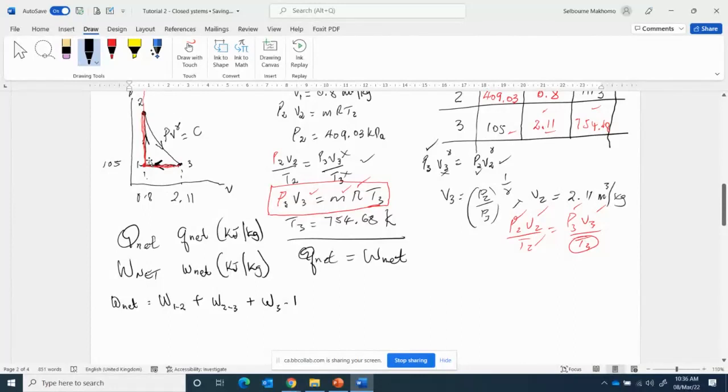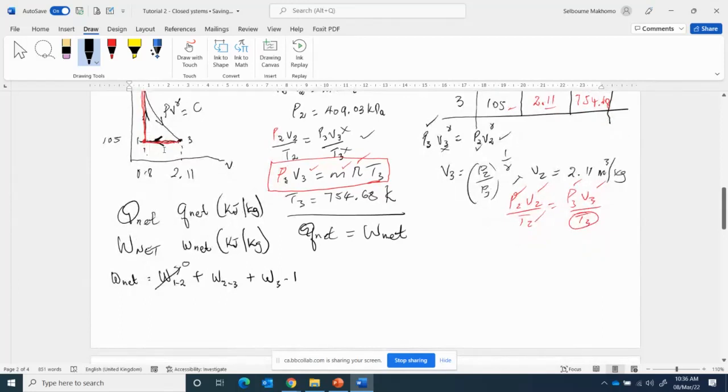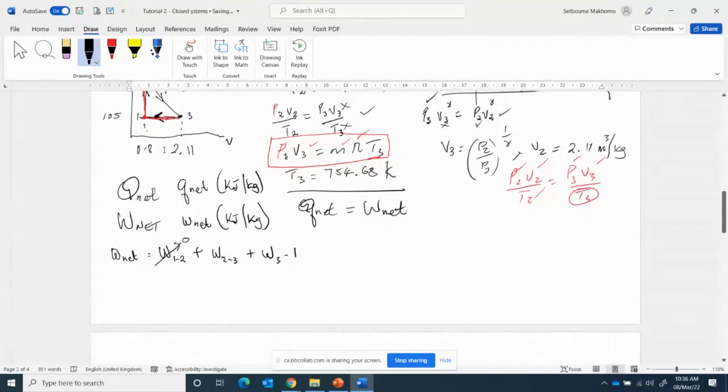Work done between 1 and 2 is constant volume, which is 0 because there's no area under the curve. The work done between 2 and 3 is adiabatic, which is going to be P2, not P1 now because we are between 2 and 3. So it's going to be P2 V2 over gamma minus 1 minus P3 V3, plus work done between 3 and 1.